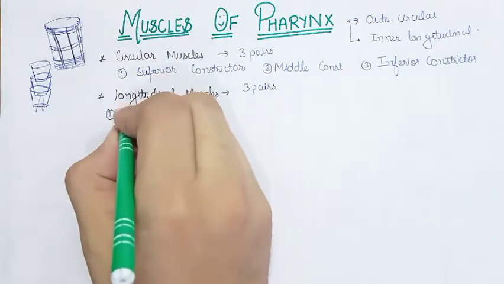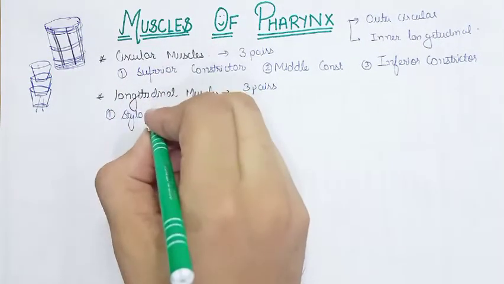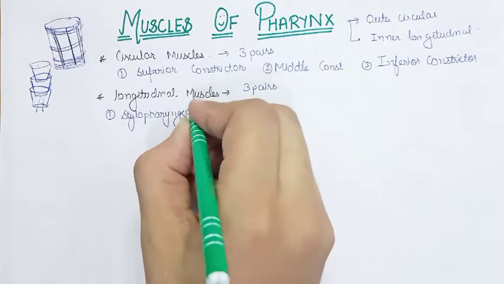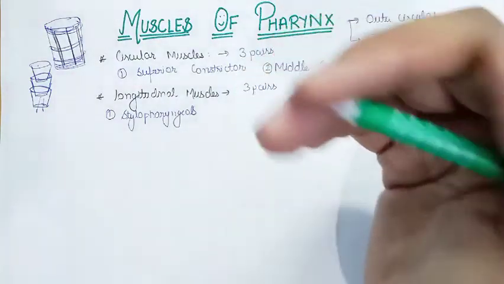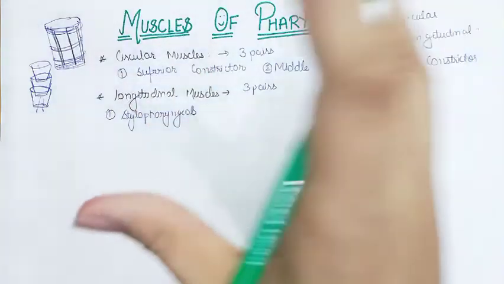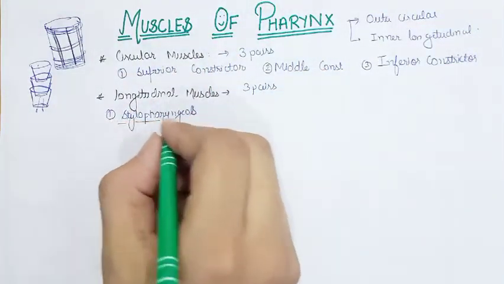Firstly, we have the stylopharyngeus. You can guess from where it originates. Yes, it originates from the styloid process, then passes between the superior and middle constrictor, and then is attached to the lower part. We will discuss this muscle in the later part of the video.